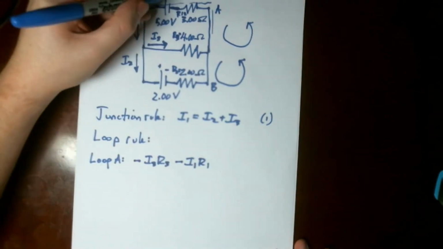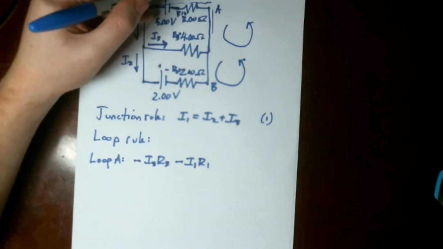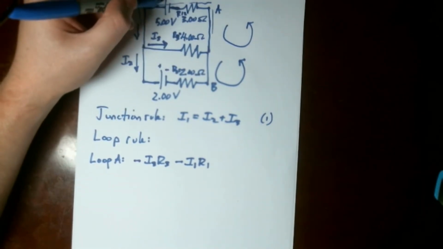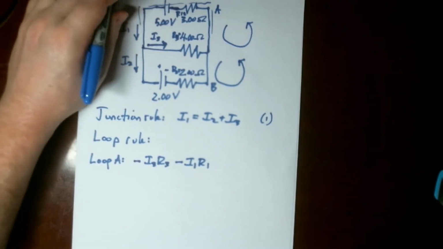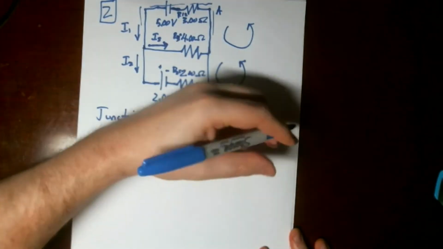And then finally, I go through the voltage source, from negative to positive, in the direction of the current, which means that I have a voltage gain of 5 volts.